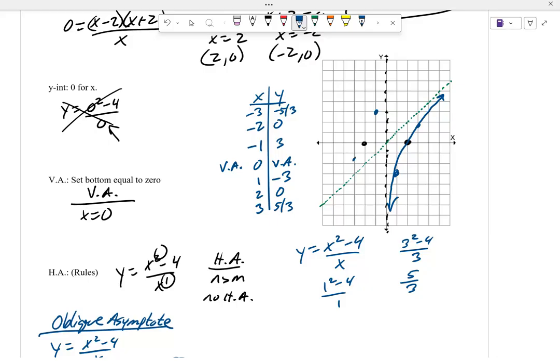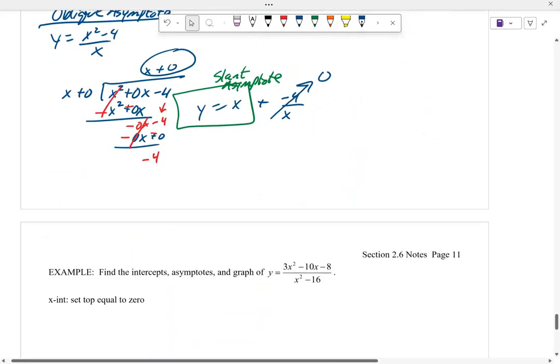Anyways, we could plug in some other points, but you're going to see that over there as well. See how as x increases or decreases in magnitude, it gets closer and closer to that green line as x shoots out to the right or to the left. That's that oblique asymptote.